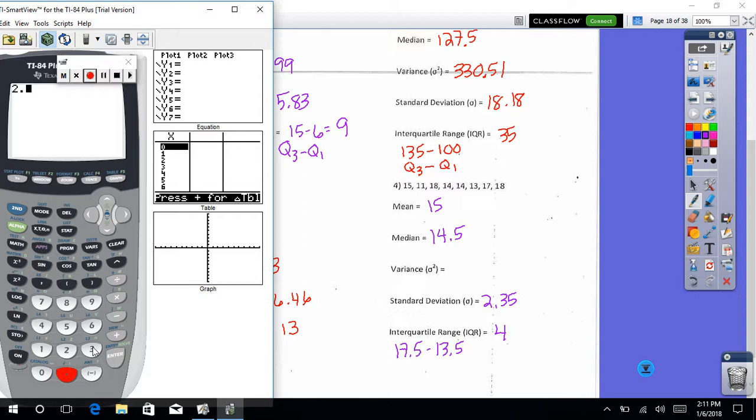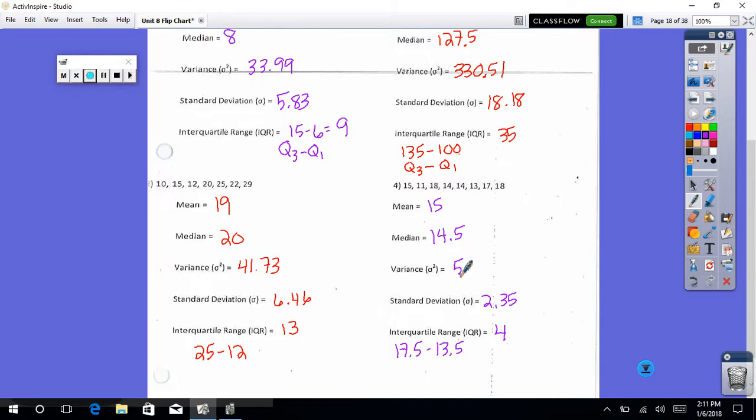And finally, 2.35 squared gives us our variance of 5.52. Always two decimal places, of course, whenever possible. Always round to two decimal places. That's how you always see it. So make sure you're rounding to two decimals.